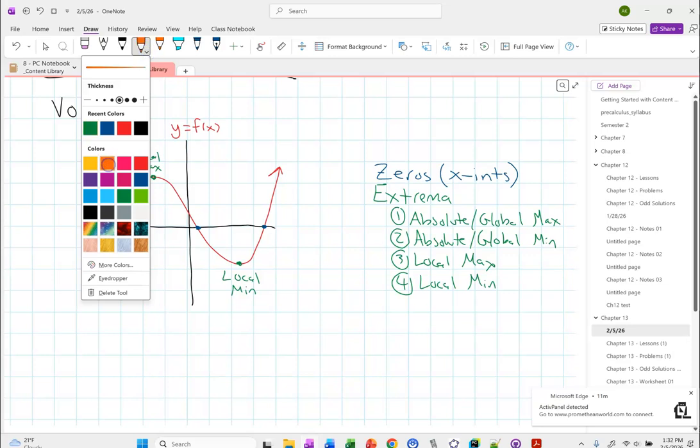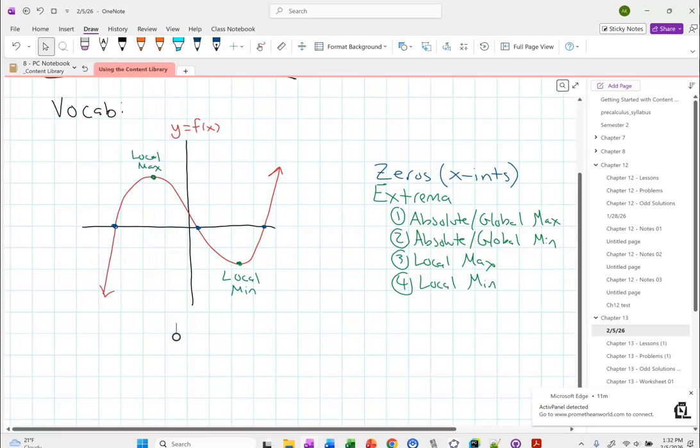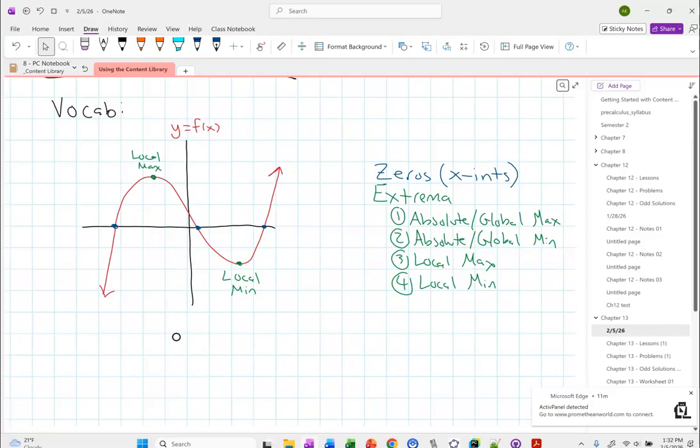And the third type of key feature we want to talk about for a polynomial is the end behavior. Okay. So what the end behavior is doing is it's describing what the arrows on the graph are doing. So if I look at this graph, how many arrows are on my graph? 2. 2, right?